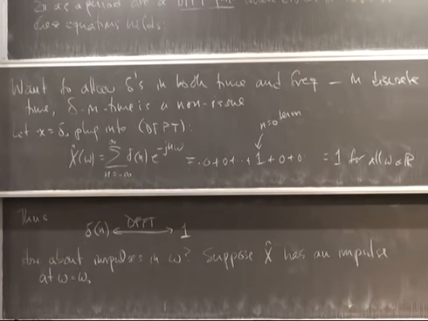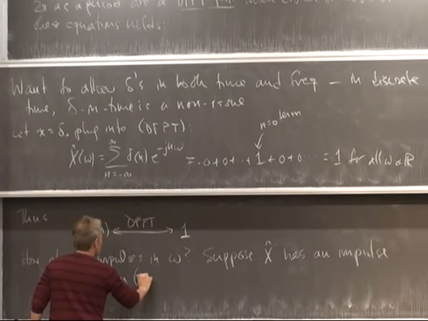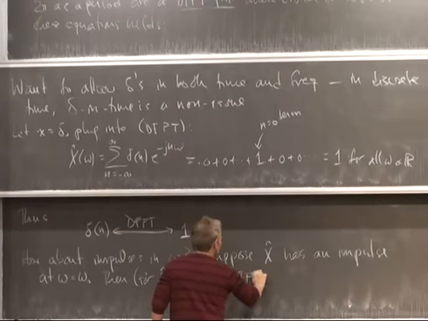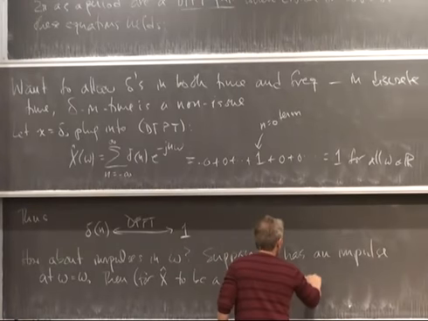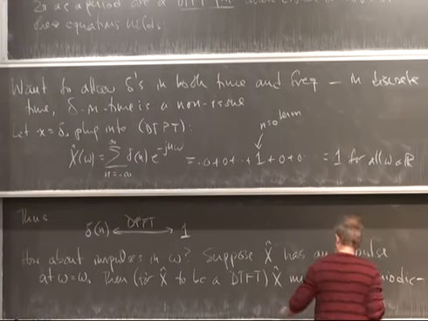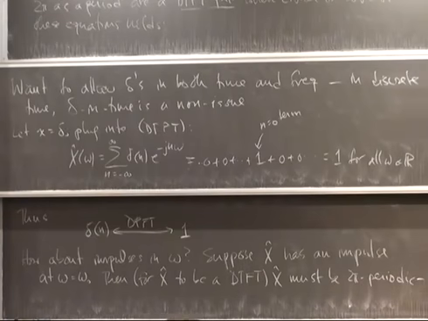What's going to be true for x hat to be a DTFT? For x hat to be a DTFT, it has to be 2 pi periodic, and therefore it must have an impulse at every frequency of the form omega 0 plus k times 2 pi, of the same weight as the impulse it has at omega 0.